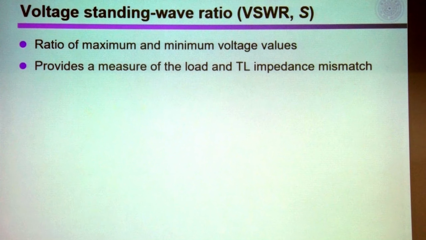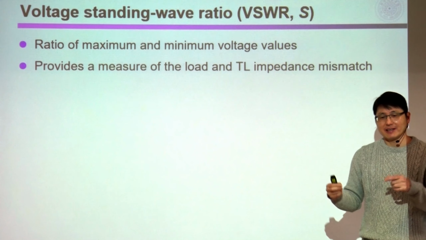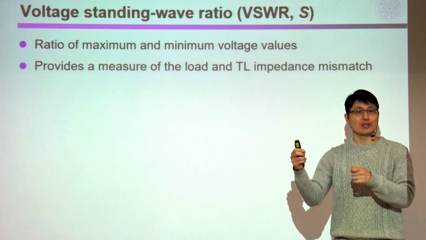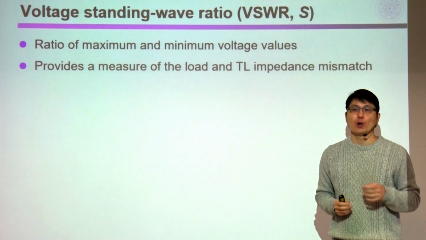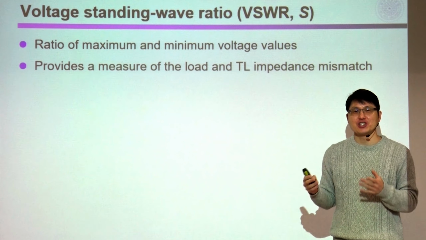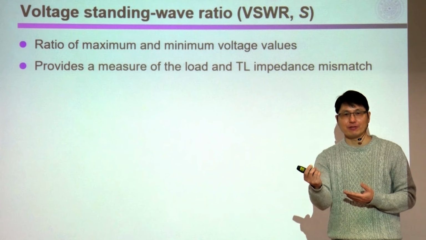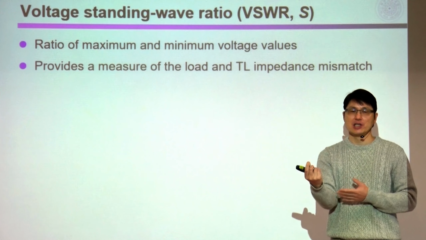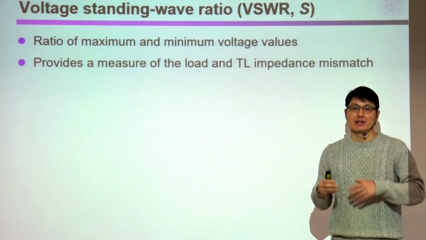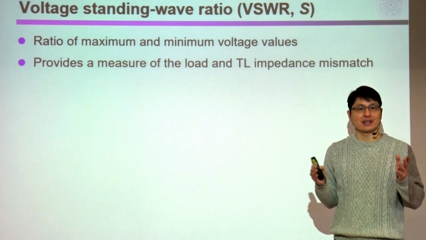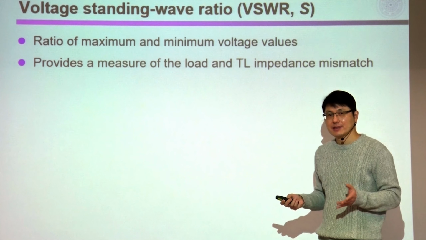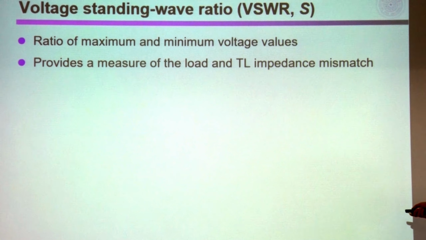Okay, so now we can have some definition, because in the future, when you buy a transmission line as an engineer, do you want to repeat all this calculation again? Or do you hope the engineer who's selling you the transmission line can give you a quantified parameter so you know how strong a standing wave you can anticipate? So the answer is, people will give you the voltage standing wave ratio, VSWR.